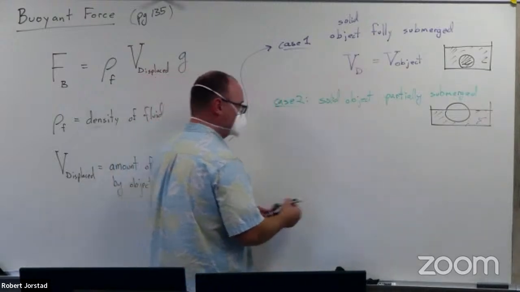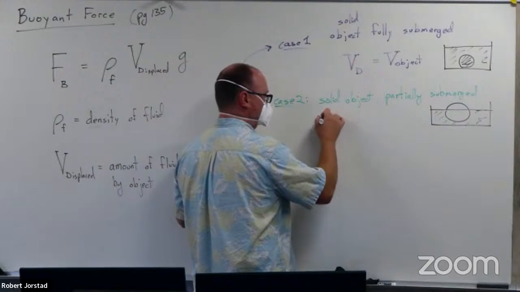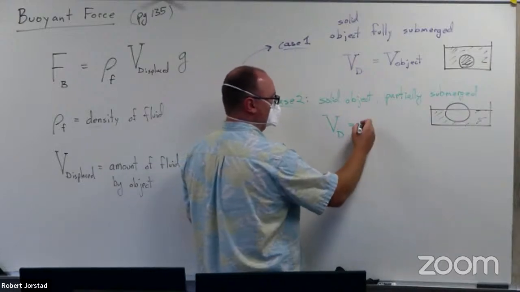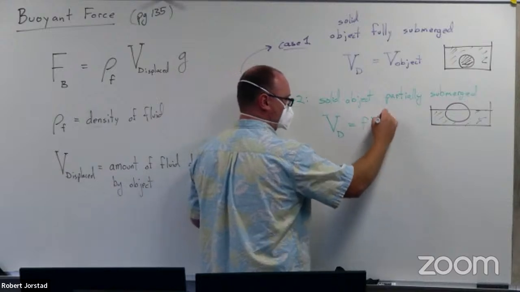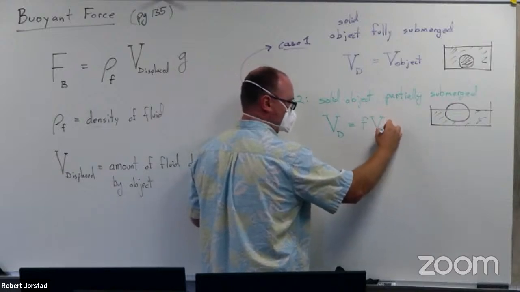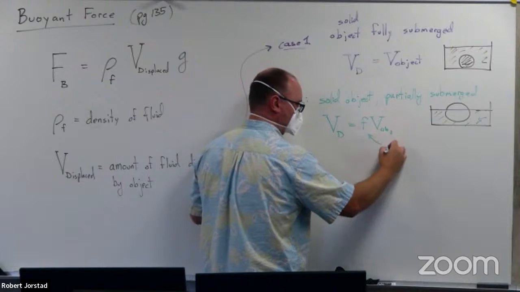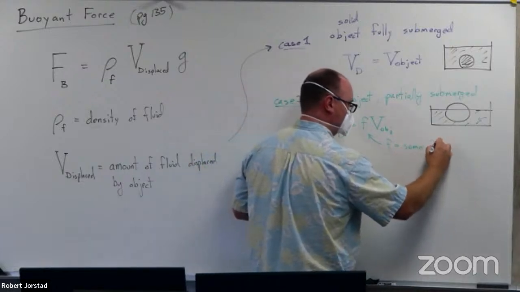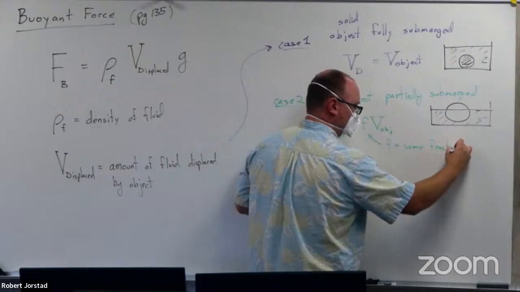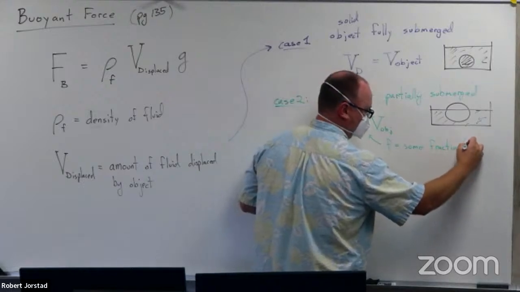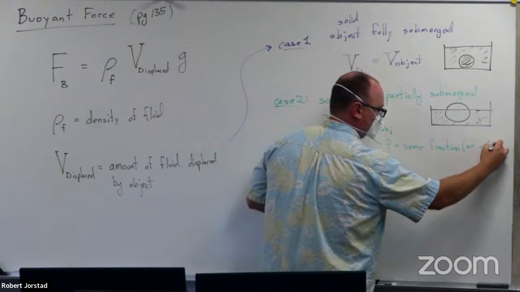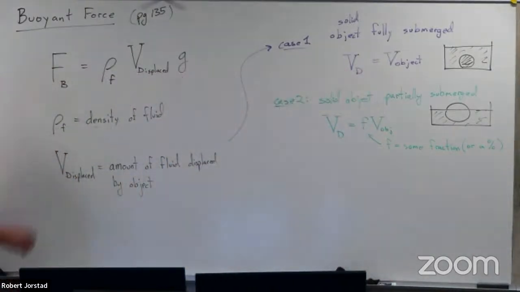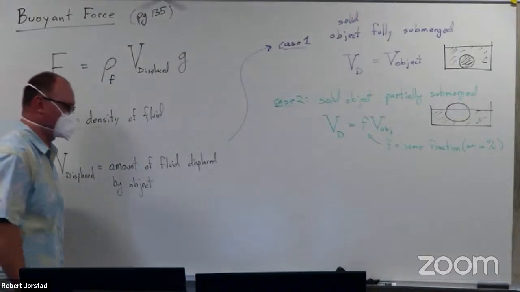So in this case, the volume displaced, you could say it in many different ways. You could say it's some fraction times the volume of the object. Now, alternatively, you might say that could be some percent, like 30% of the object is submerged, or 80% of the object is submerged.